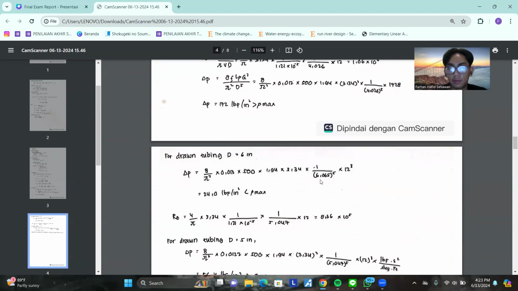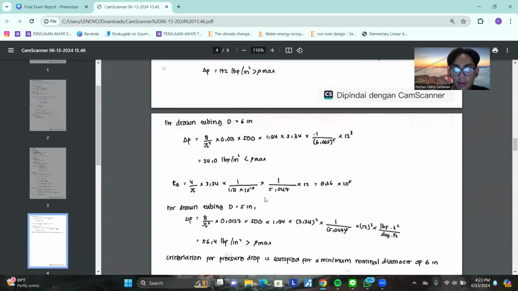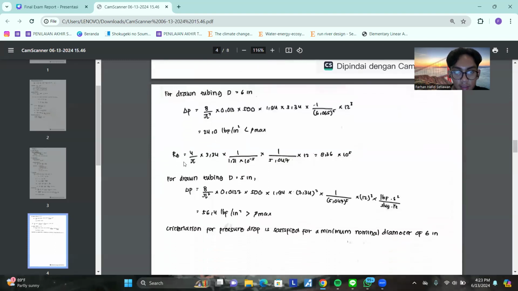We can search, kita bakal cari sekiranya kalau delta P-nya tubing ini 6 inci itu berapa gitu. Then we get the answer is 24 lbf per square inch, which means it is lower than the P max. Get the Reynolds number for the drawn tubing, the 6 is less than the allowable pressure drop.